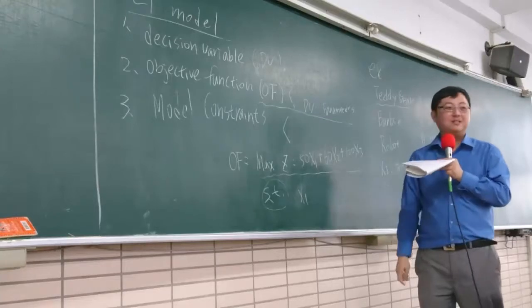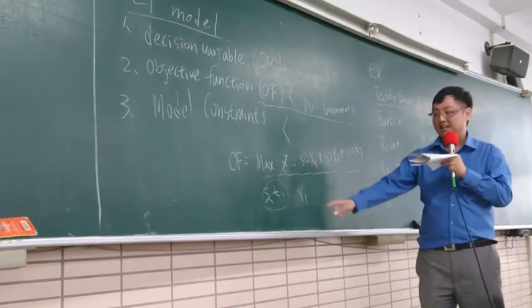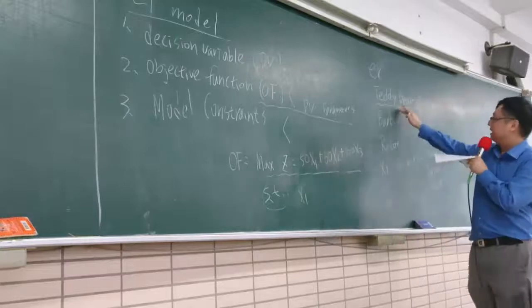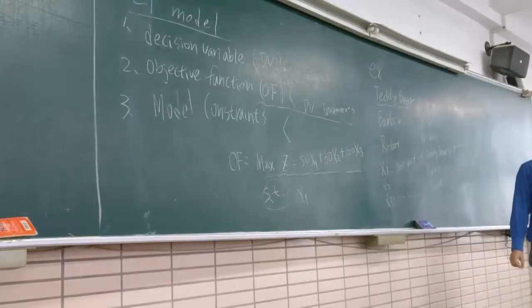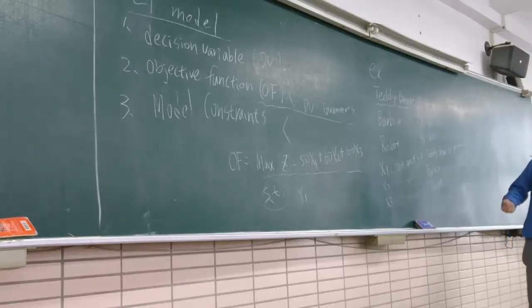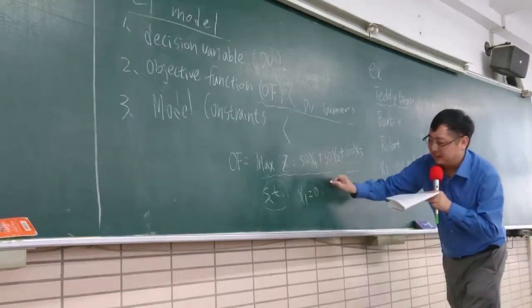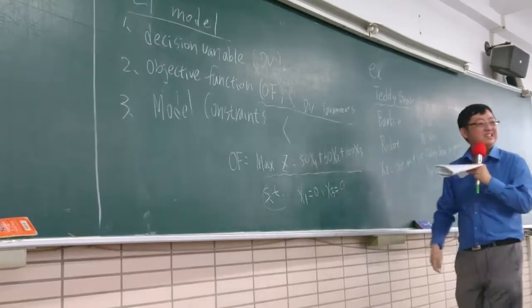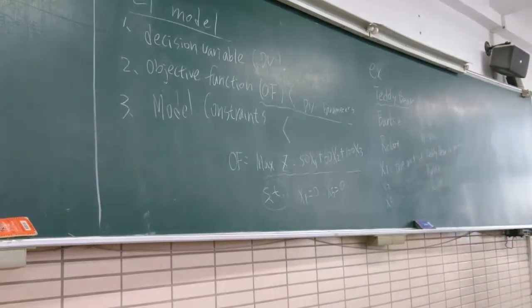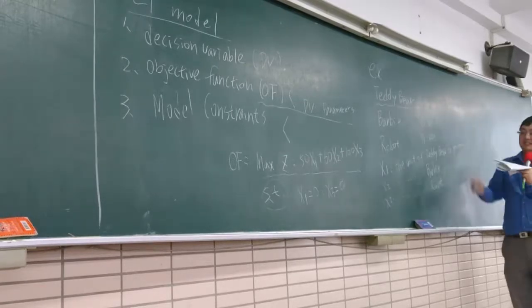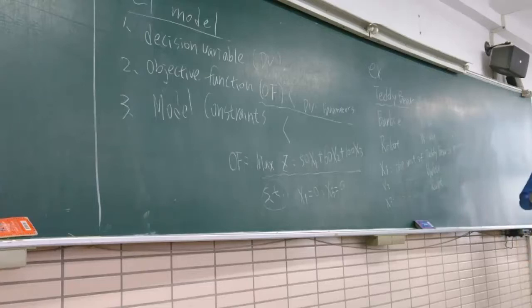X1 guideline. 我不想要生产 teddy bear 跟 robot，请问一下怎么写？Very based on your intuition. If you don't want to produce, you put it 0. X1, 0. X3, 0. This is guide. You are older. Your boss is older. So older, you cannot produce teddy bear. You cannot produce robot. You can only produce Barbie.